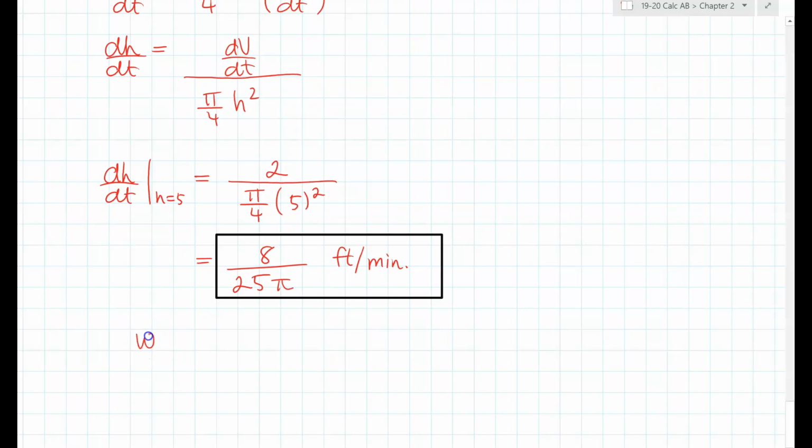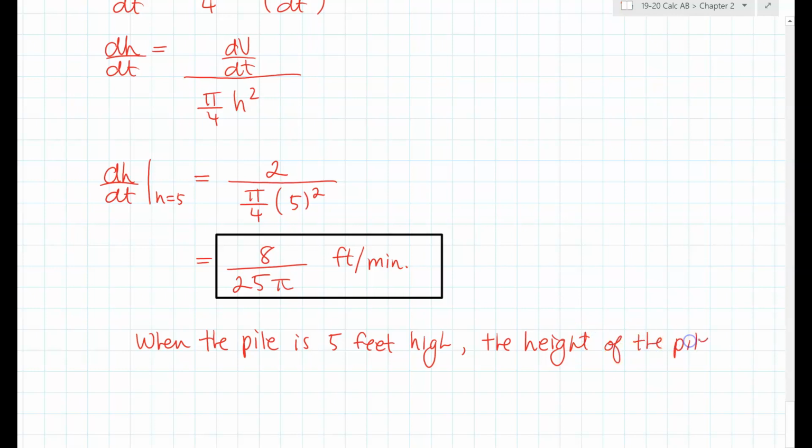So you could say when the pile is 5 feet high, the height of the pile is growing at a rate of 8 over 25 pi feet per minute.